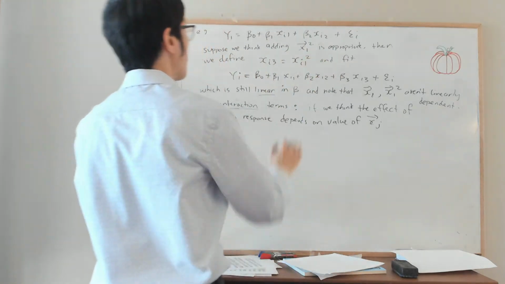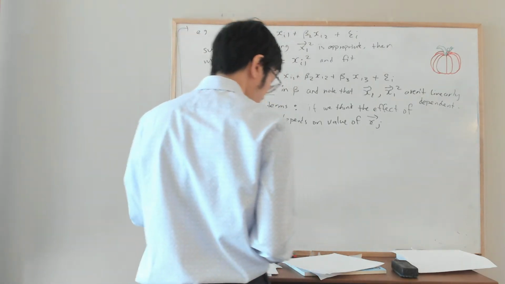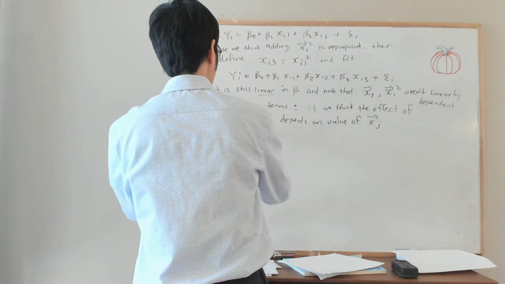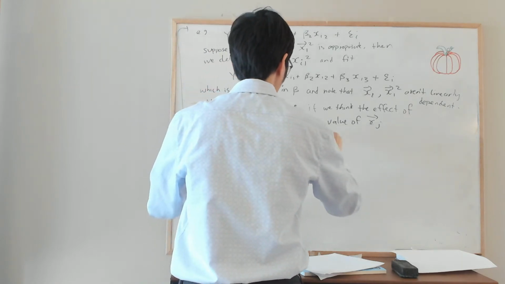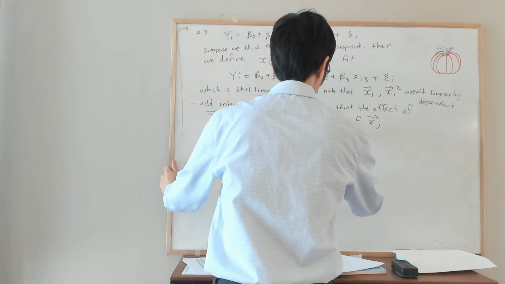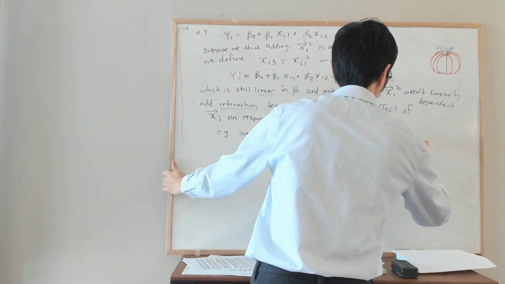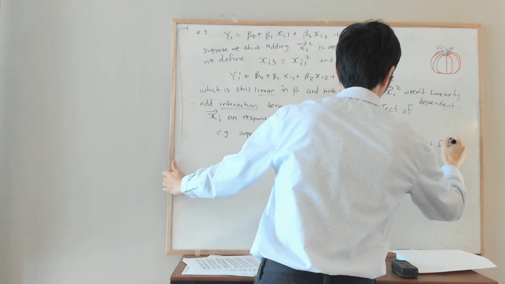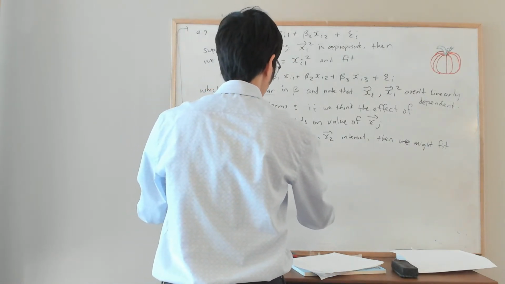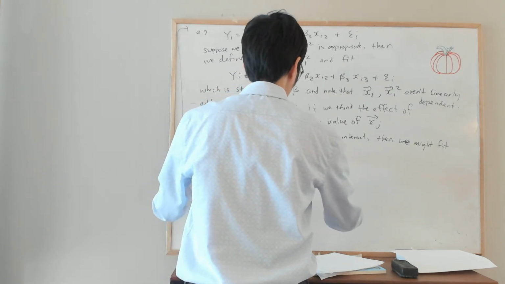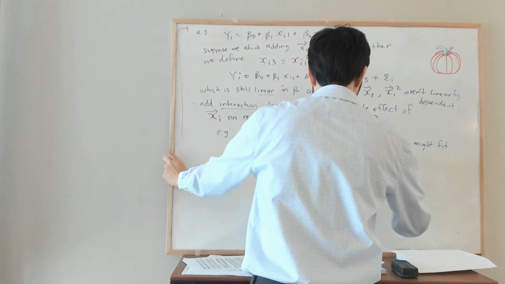Again, we start with this basic model. Suppose we think x1 and x2 interact, then we might fit the model yi equals beta 0 plus the two original predictors, beta 1 xi1 and beta 2 xi2. Again, we could define a new variable and fit.